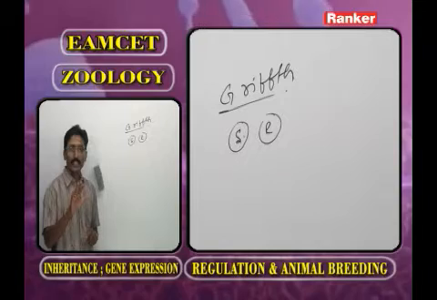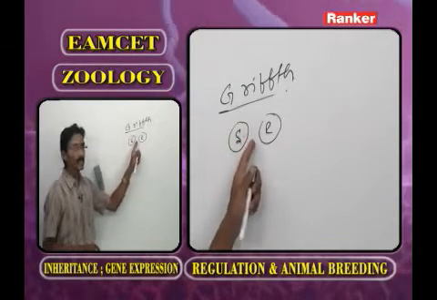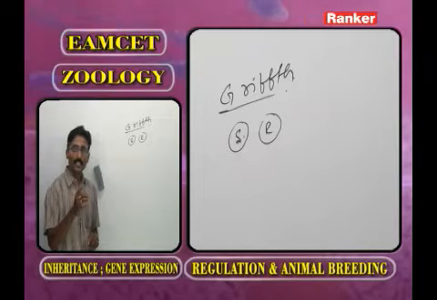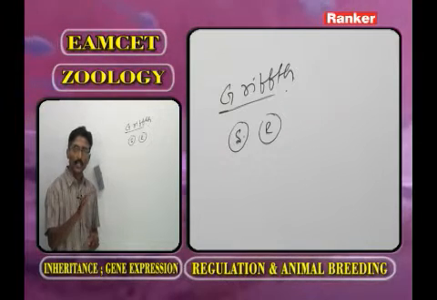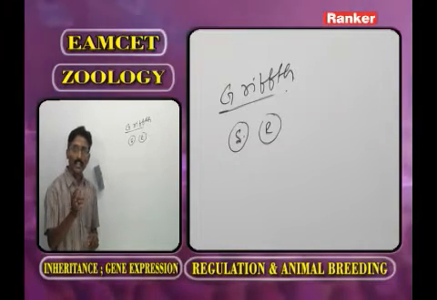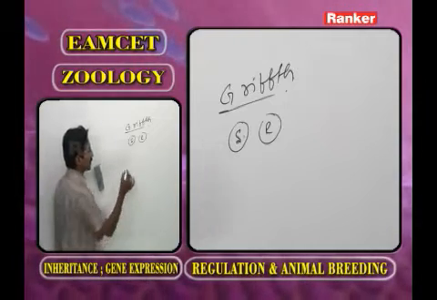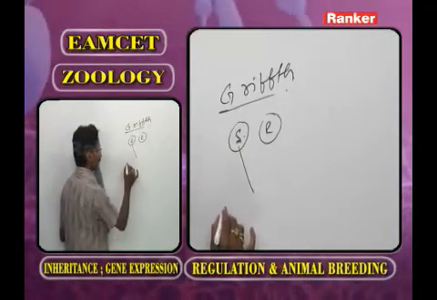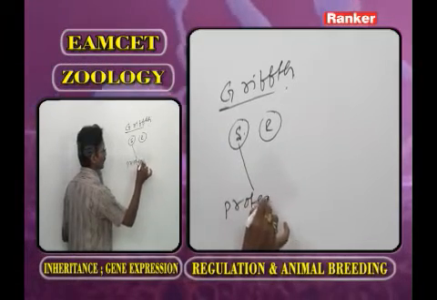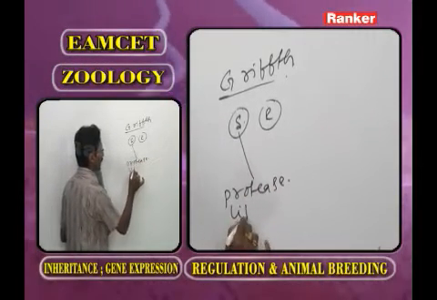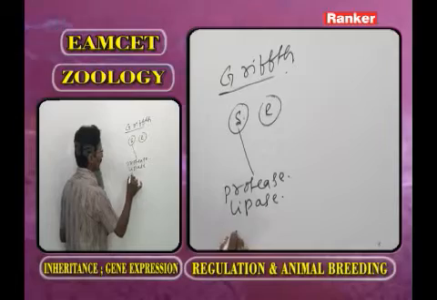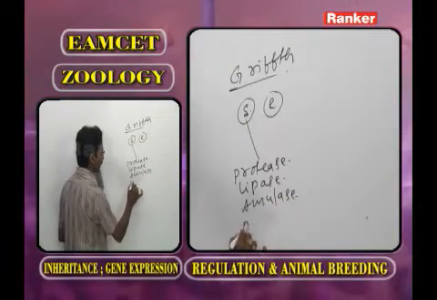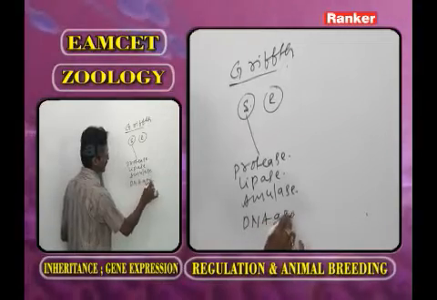Griffith conducted transformation experiments on Diplococcus pneumoniae. After that, the transformation experiments were continued by Avery, McLeod and McCarty. They treated the material of S with protease enzyme, lipase enzyme, amylase enzyme, and DNase.